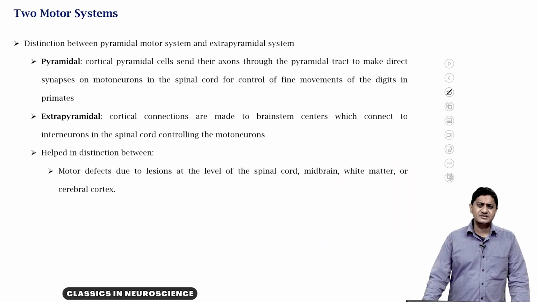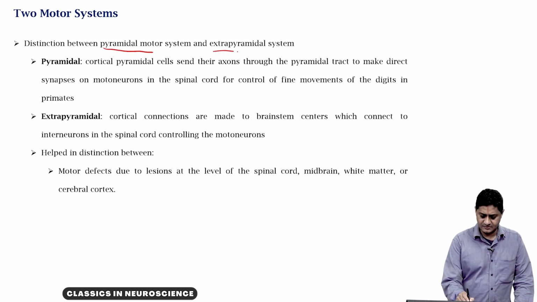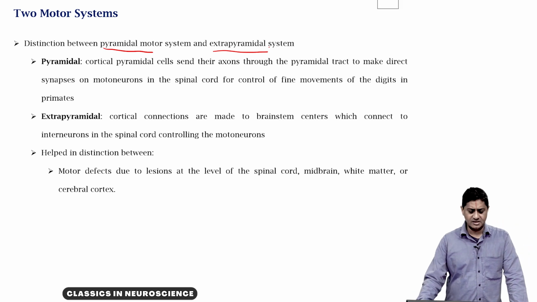In the 1950s, there was this distinction that was made between the pyramidal system and the extrapyramidal system. What is this system?